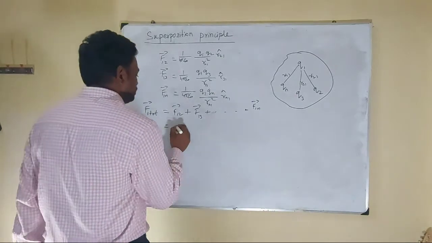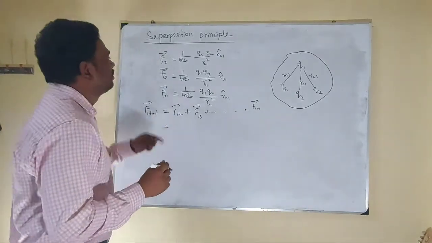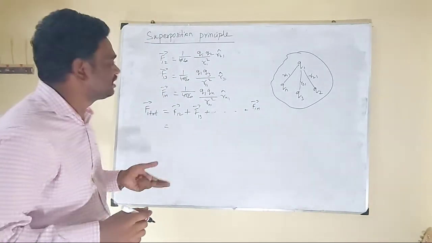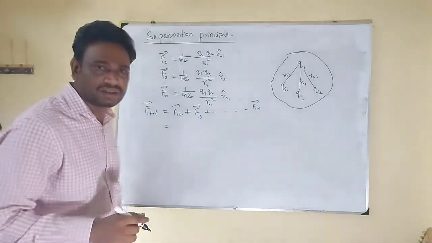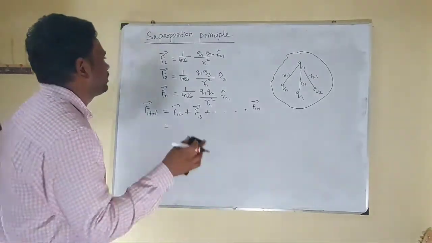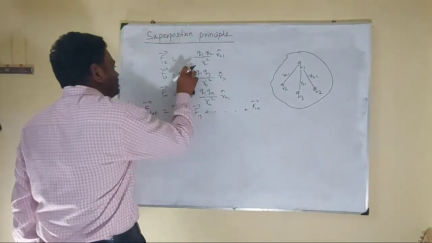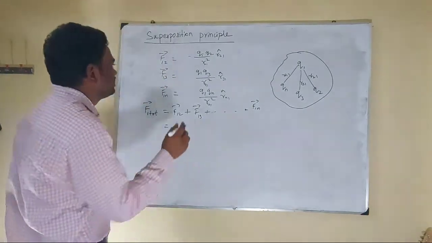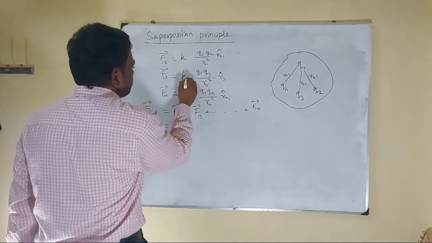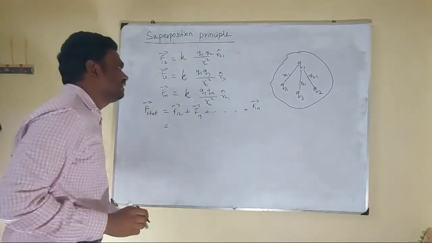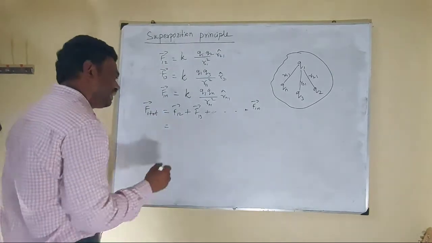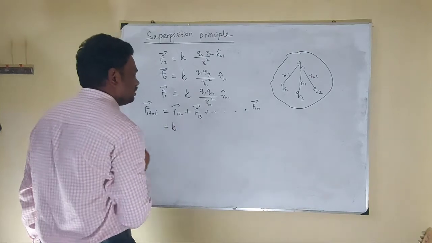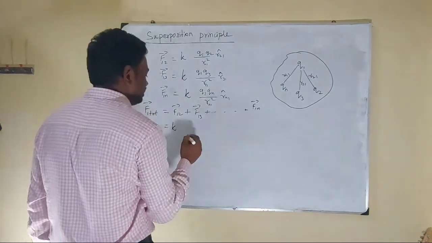Okay, now let us substitute the values of F12 and F13. Here the value of F12 is 1 by 4 pi epsilon naught, which is a constant. Here also 1 by 4 pi epsilon naught is a constant. So instead of 1 by 4 pi epsilon naught, we can use the symbol k. In all three equations k is a constant, so I am going to take k common and then write the remaining things.